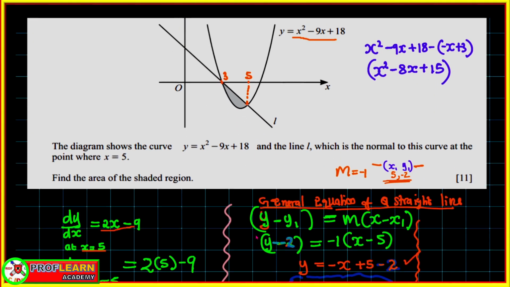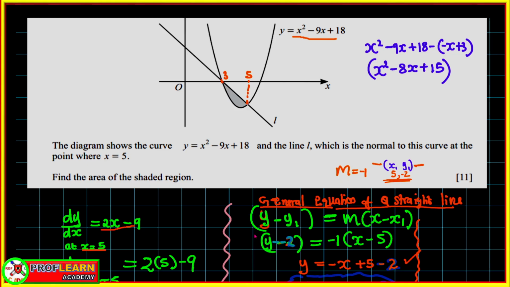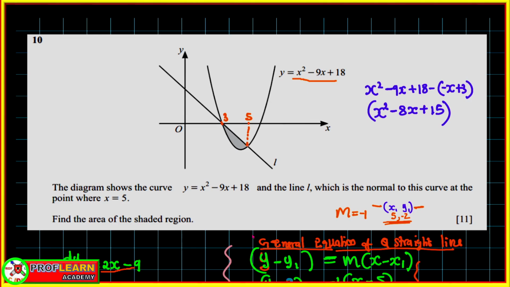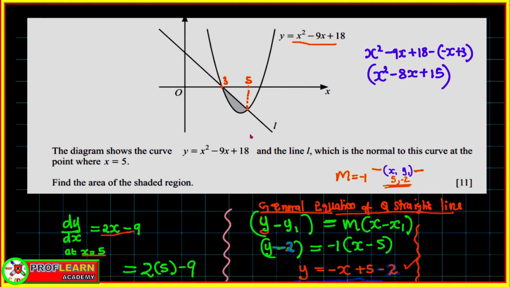So in order to work out the area of the shaded part, you can first find the area of this triangle here using a half base times height, and then you integrate the curve within the limits 3 to 5, then you subtract the two.